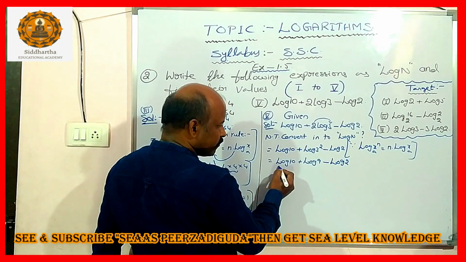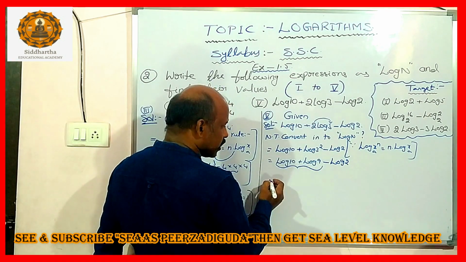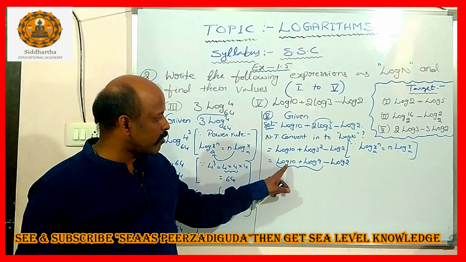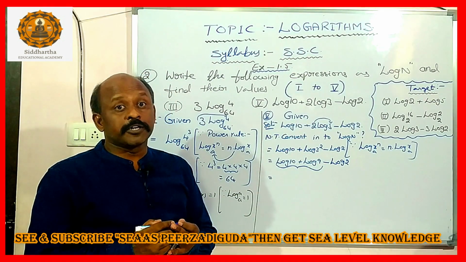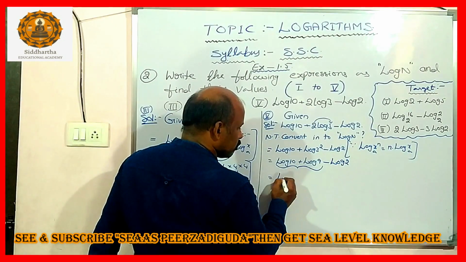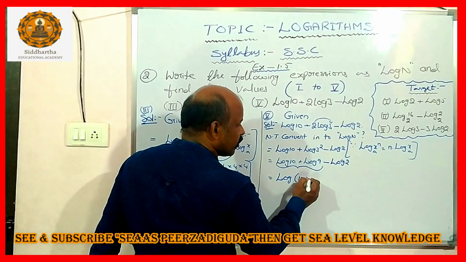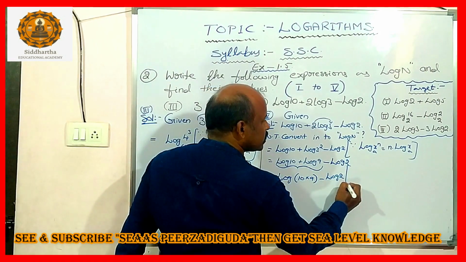After that, in this expression I am going to take the first two terms. When we observe this one, it is in the form of log a plus log b. We have the product rule. What is that product rule over here? This log 10 into 9 formation I am going to write over here. How did I write this?